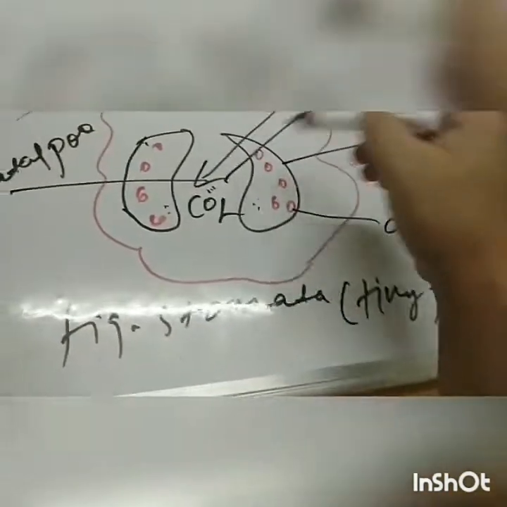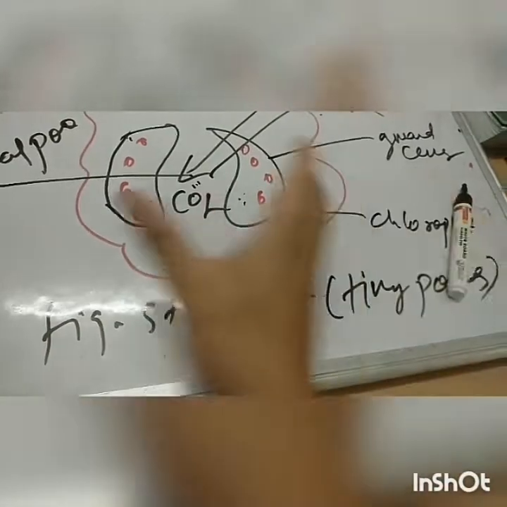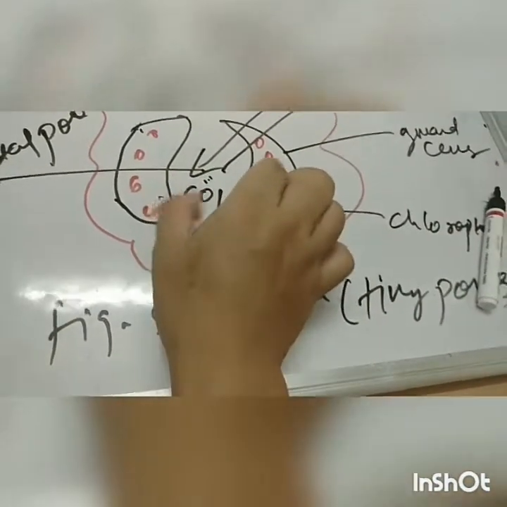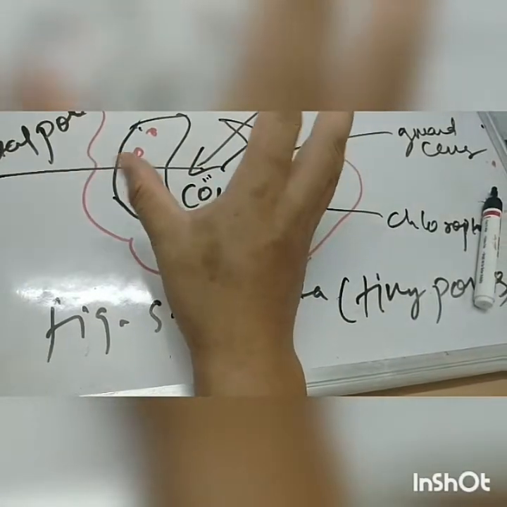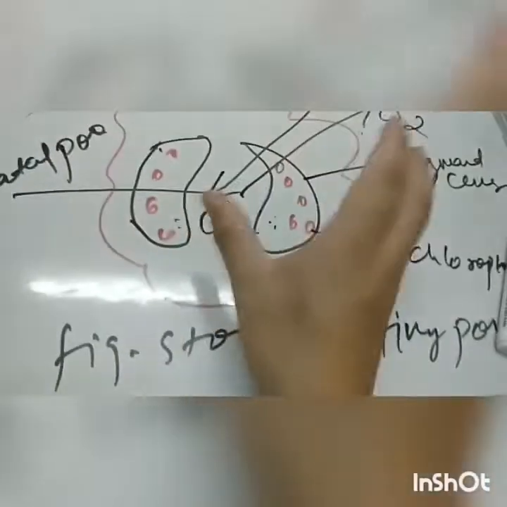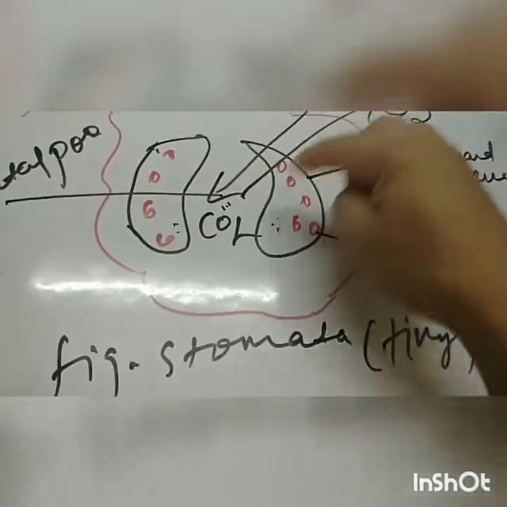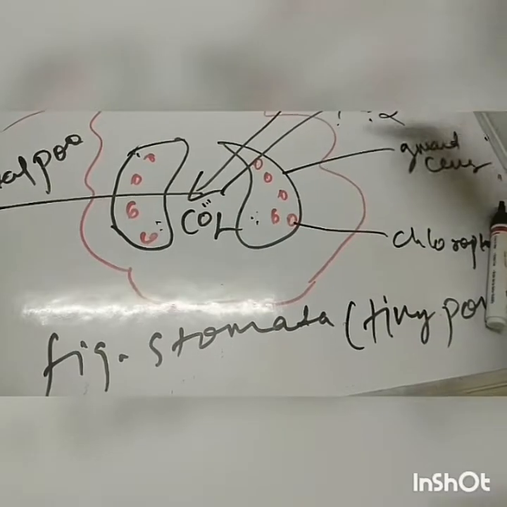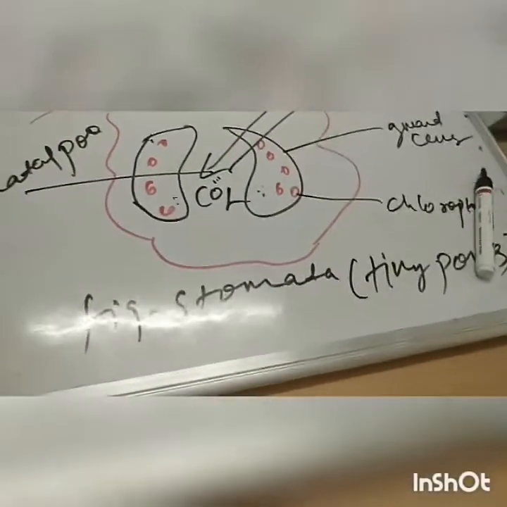Carbon dioxide comes in and oxygen goes out through the opening of the guard cells. The guard cells open during daytime and close during nighttime. Because of this opening of guard cells, exchange of carbon dioxide and oxygen takes place. Oxygen goes out and carbon dioxide comes in.